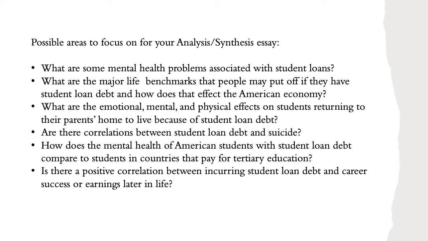Correlation means that there is a statistical relationship. If we say something is a positive correlation, that means that when one thing goes up, another thing goes up. So a positive correlation between student loan debt and suicide would be perhaps the more money that a student has to borrow in order to pay for school, the higher the likelihood of suicide. Now, I don't know if that's true, so do not use my words as evidence in your paper.